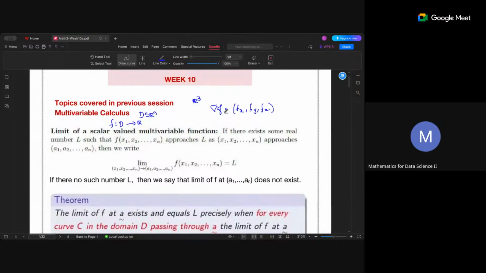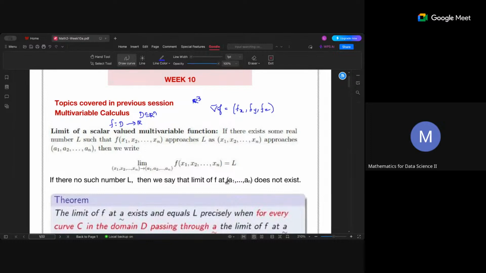Here also, in this week 10, we are going to see how this directional derivative contributes to something similar to what we have seen in the case of one variable, like positive slope, negative slope, all those things you have seen about derivatives. So maybe at that time we will discuss further on that topic.